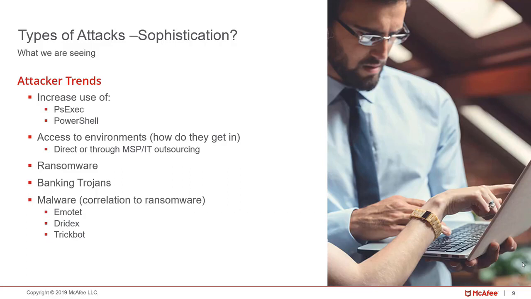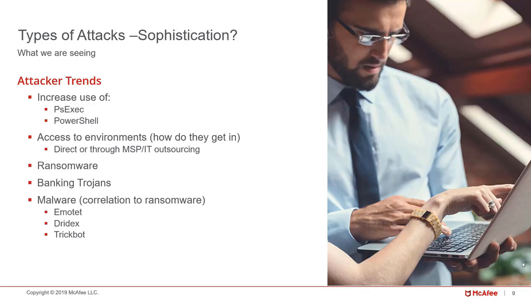For blocking psexec with an access protection rule or PowerShell, there is the ability within endpoint security under exploit prevention to block malicious scripts. There is some tuning that may be required, but you can use the AMSI protection, the anti-malware protection, in order to reduce and mitigate risks in your environment.